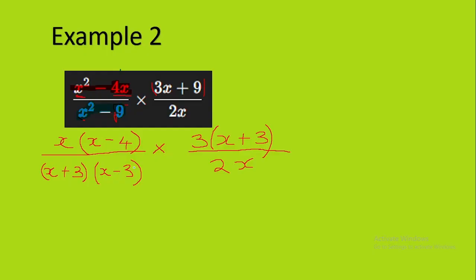It doesn't matter which direction. So anything you cancel from the bottom, it must be at the top to cancel out. Alright, so let's work on this right here. So we have an x plus 3 right here. There's an x plus 3 above. We can cancel this.